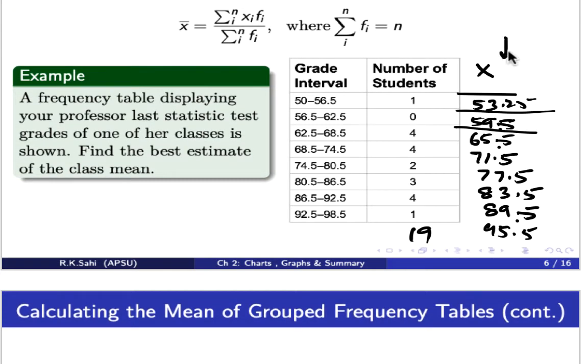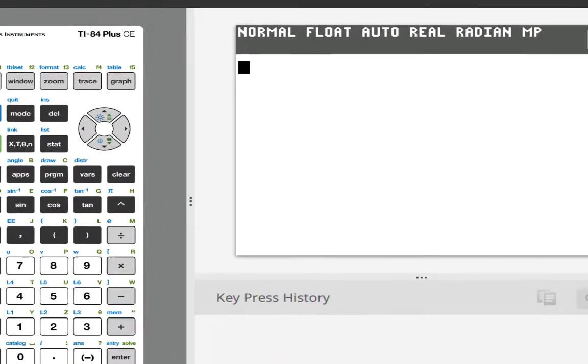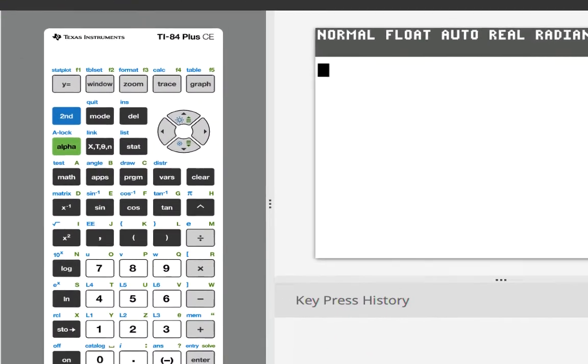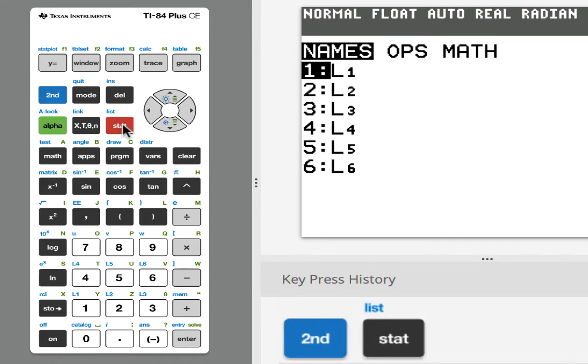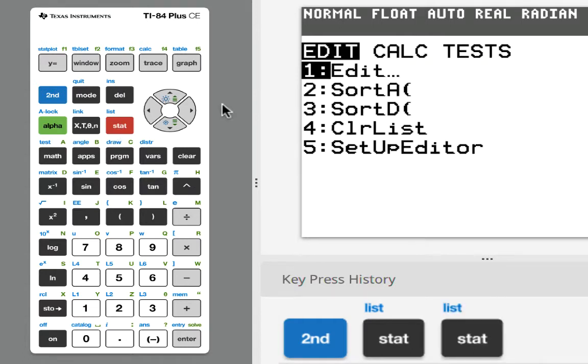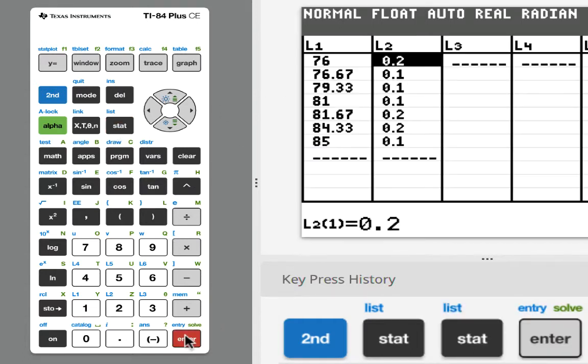So this one is L1, and the number of students would be in L2. So let's get our calculators. What we're going to do is click on stats, edit, press enter.